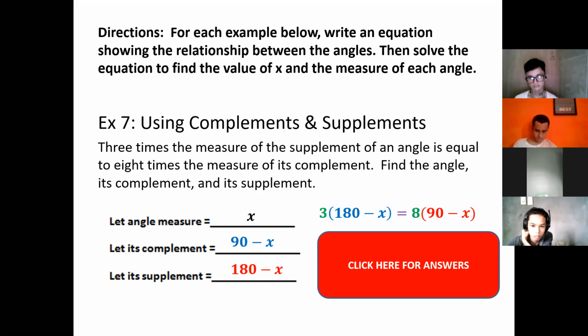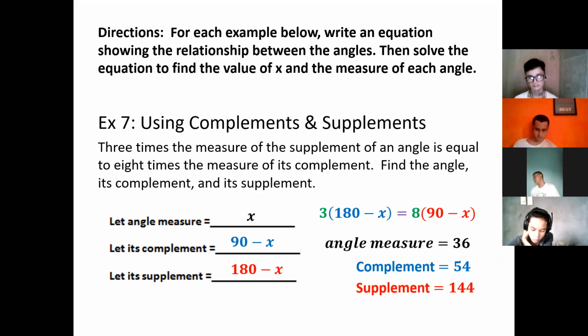So as with 8, distribute it to 90 and to negative x. 180 times 3 pala, that is 540. And then 8 times 90 is 720. Then transpose the needed values that you need to transpose. You'll get x to be 36 and the complement is 54 and the supplement is 144.